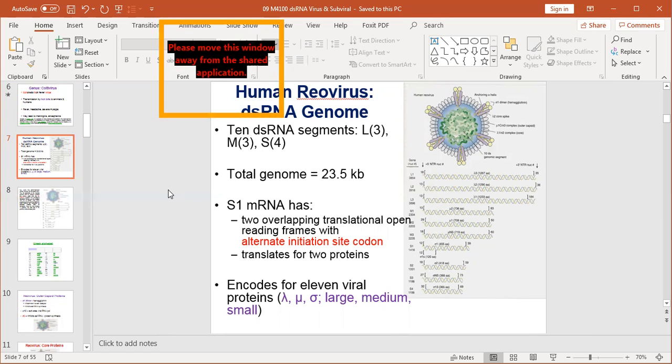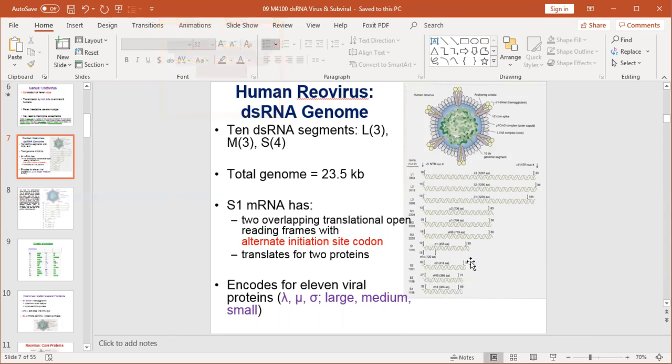The genome is relatively large. The total genome is 23.5 kilobase. S1 gene, these 4 gene segments, one of them is S1. It's at the bottom of the slide here. S1, 2, 3, 4.